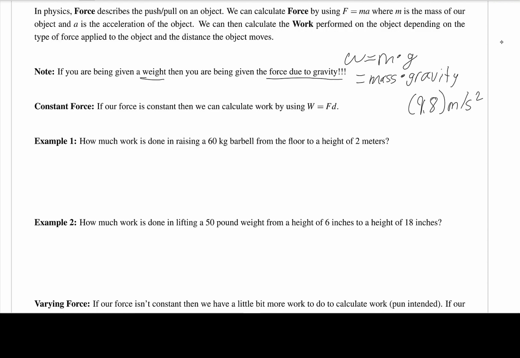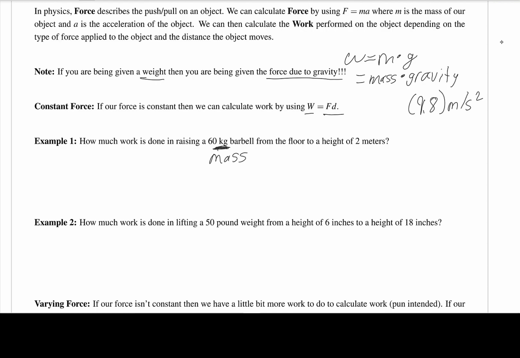If our force is constant, then we can calculate work by using work is equal to force times distance. For example, here, I'm being asked how much work is done in raising a 60 kilogram barbell from the floor to a height of 2 meters. Okay, this kilograms, this is a mass.